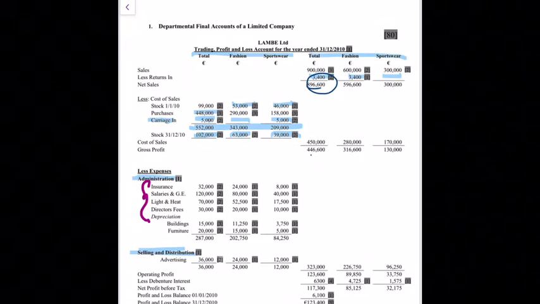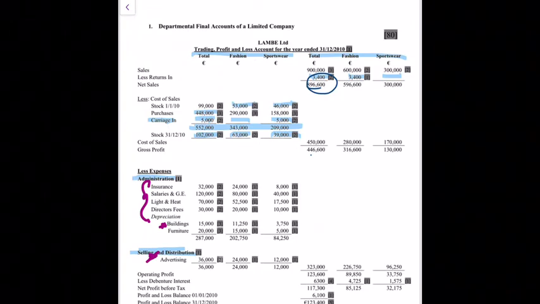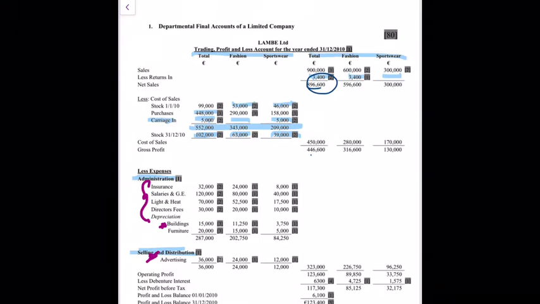You're actually getting 5 marks for your depreciation figures, these two here. I'm not going to go too much through them because you have them already done in your table. And as I said when we were doing the table, we only have one selling and distribution expense, which is advertising.